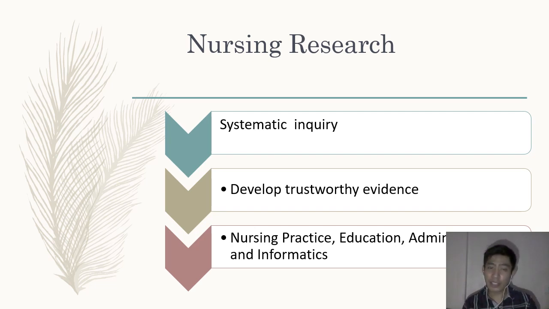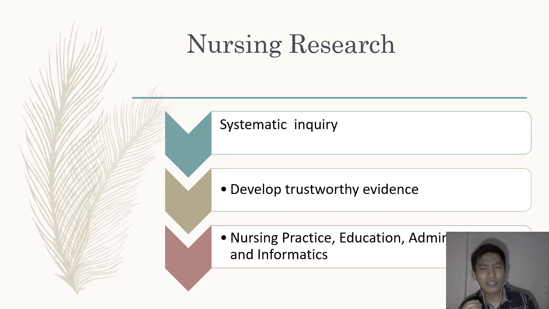Nursing research encompasses nursing practice, education, administration, and now informatics. Nursing research affects nursing practice through what? Through policy changes and the development of new clinical pathway guidelines. In education, we challenge the modalities of teaching.